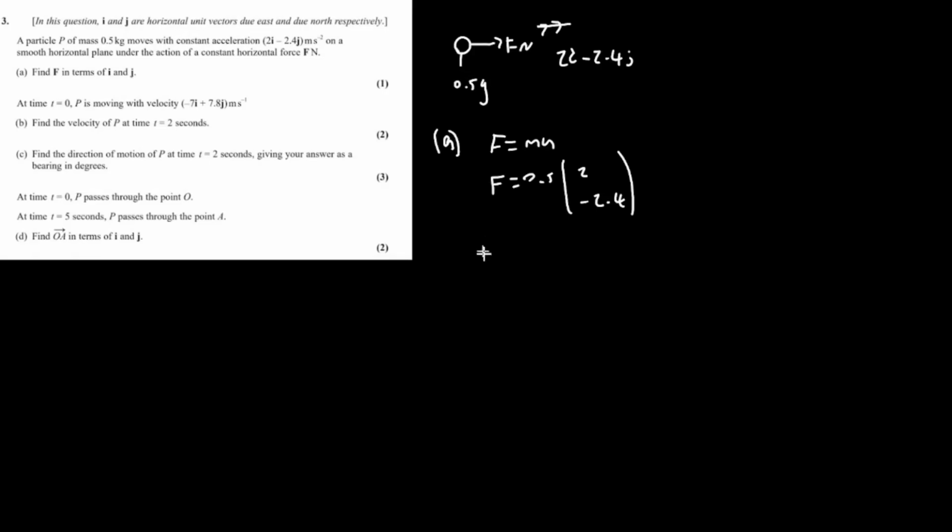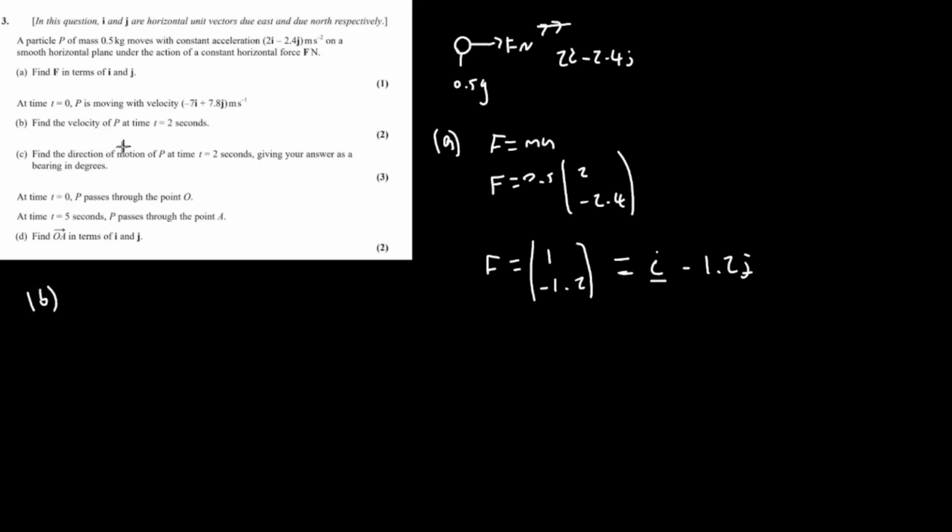And then literally all you need to do is times it out. So F equals 0.5 times 2 is 1. 0.5 times minus 2.4 is minus 1.2. And I want it in terms of i and j. So that's just i minus 1.2j. That's part A.